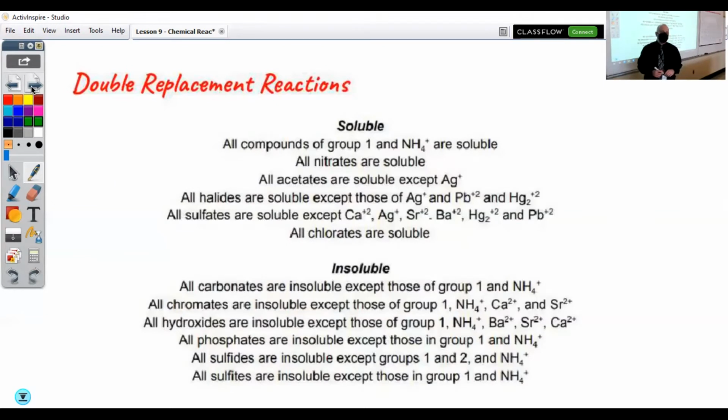Before we take a look at some examples, let's go over the solubility rules and what this means. If you notice, I have two distinct groups of rules on this solubility rules table. The top part tells us whether or not a compound will be aqueous, whether it will dissolve in water. For the top part, I suggest that you write AQ.